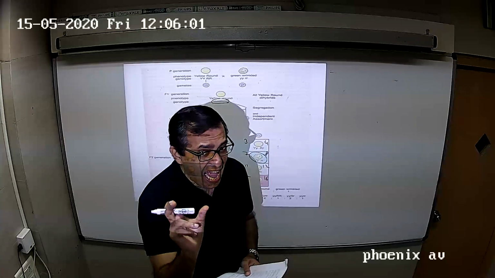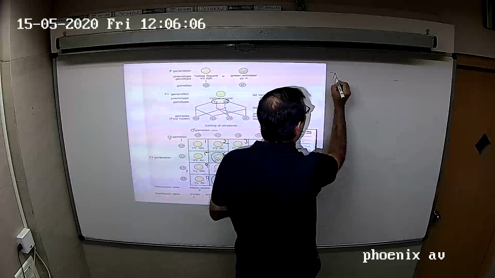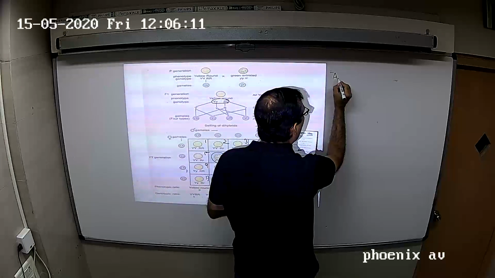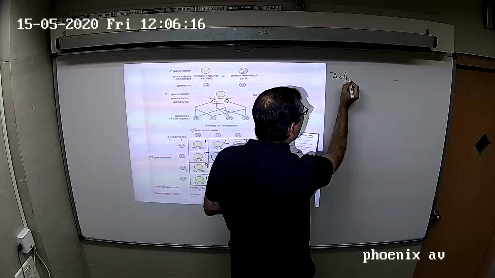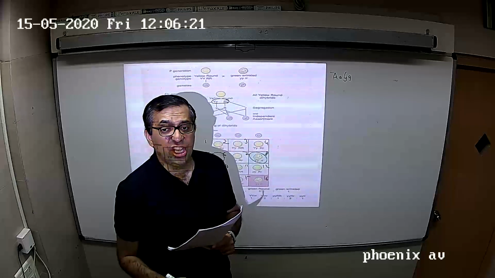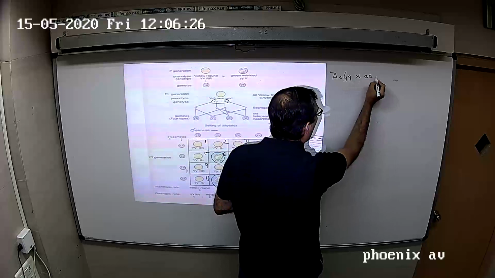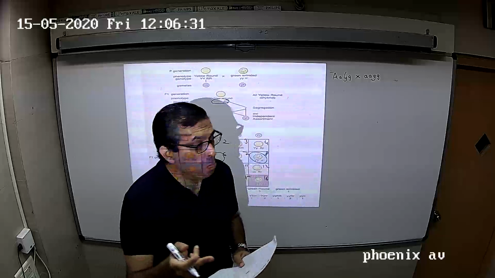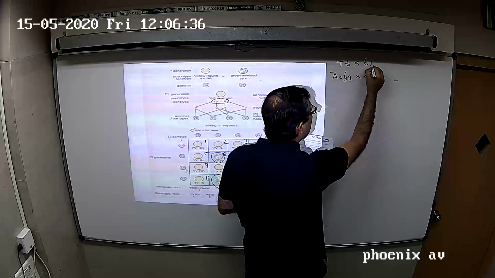Suppose axillary is capital A, and it is a dihybrid test cross, so capital A, small a, and capital G for green, small g. So capital A small a, capital G small g, crossed with small a small a, small g small g. So if you remember, what was the monohybrid test cross? Capital T small t crossed with small t small t.